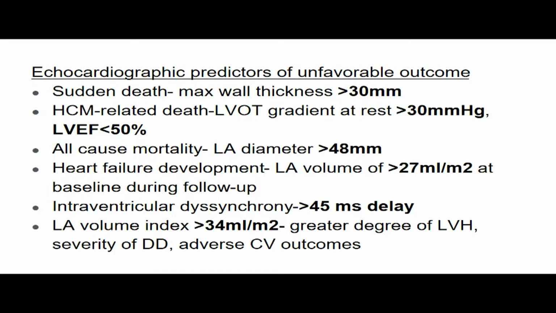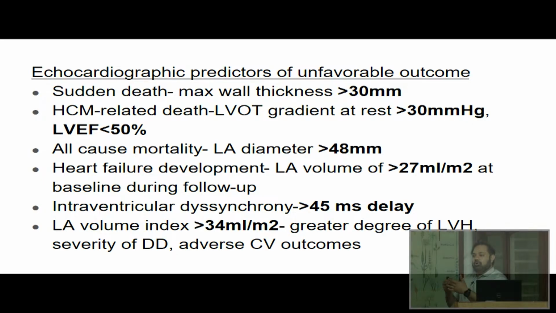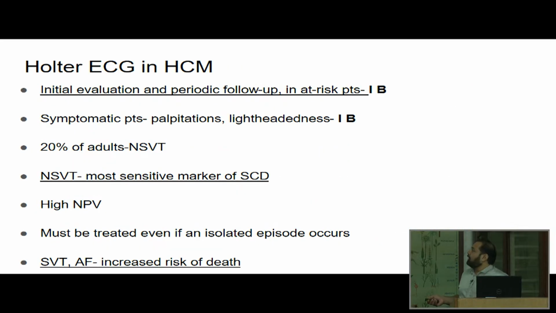Similarly, the dagger shape gradient which I have discussed indicates that there is some obstruction at the level of the LV outflow tract because of the velocity jet. So if it is more than 30, then again it is very significant. Similarly, LA diameter I have discussed, with subsequent cardiac cycles blood will keep accumulating, there will be MR, so LA will dilate. So all these are severity indices for aggressive treatment as well as for early intervention.